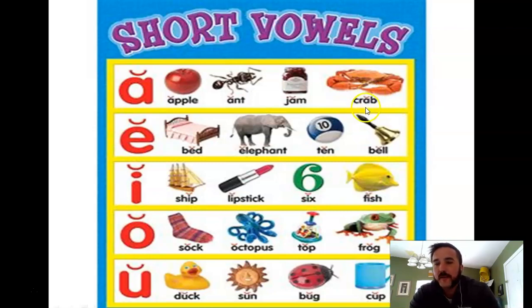It's not a cray-b, it's a crab. Big difference between the long vowel sound and the short vowel sound. Here again, it's not a teen, it's a ten. Not a feesh, it's a fish.